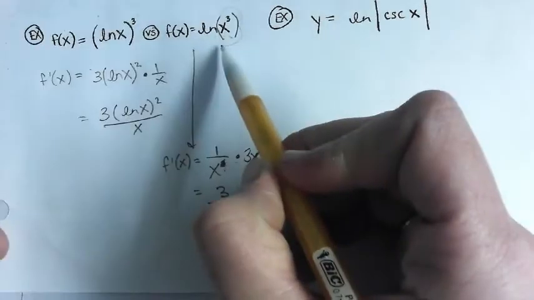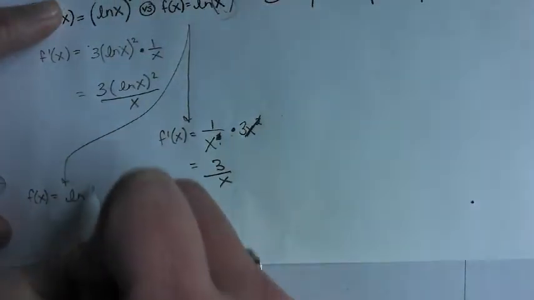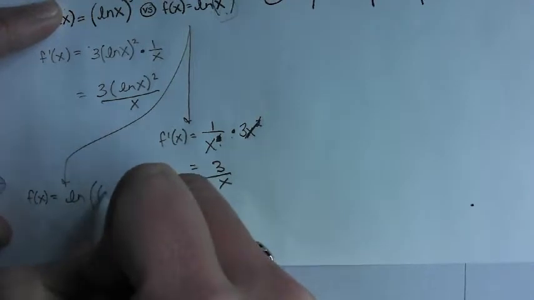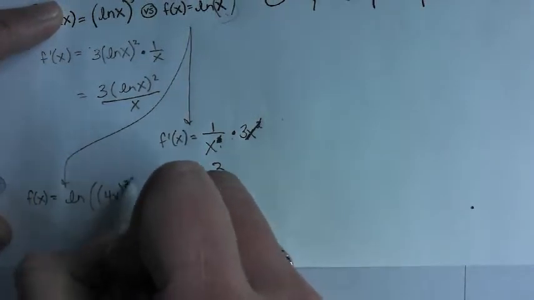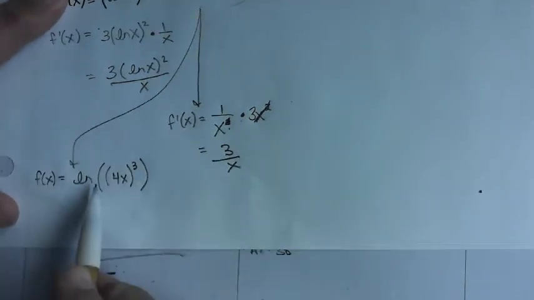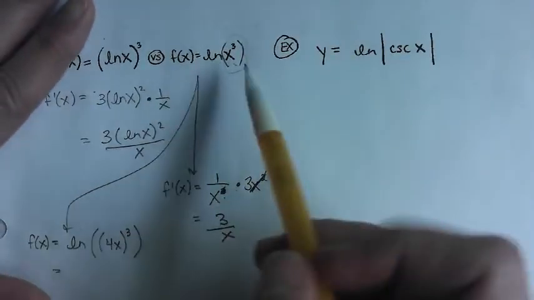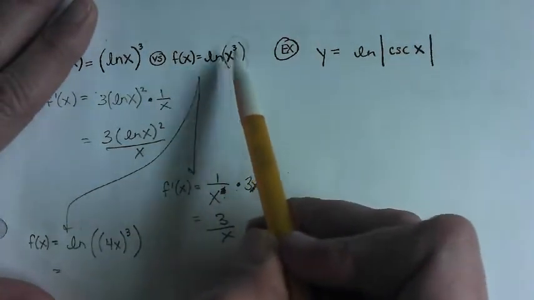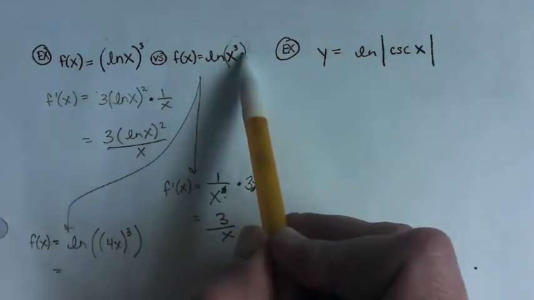Okay, so let me change up a problem to maybe highlight what I think you're asking. So if I do the natural log of 4x cubed, like this, this one would have a second layer of the chain rule. What's inside of here is just a function, x cubed, which has a derivative of 3x squared.